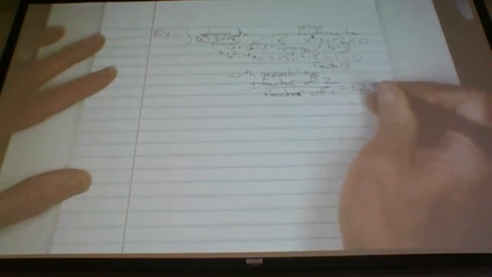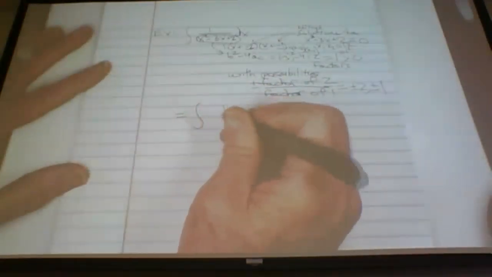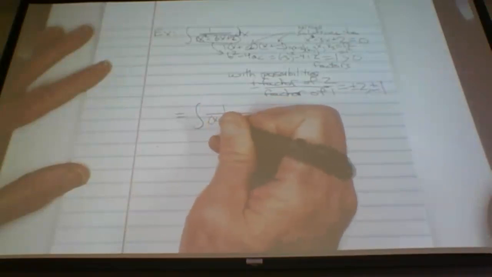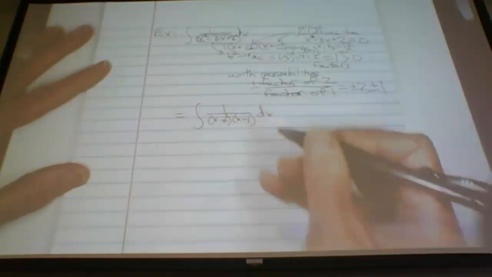That works for every quotient of polynomials. So the only possibilities are plus or minus 2 or plus or minus 1, because only 1 and 2 divide 2 cleanly. I could try putting all those in, and sure enough, x minus 2 times x minus 1 works. I'll just rewrite this integral as 1 over x minus 2, x minus 1.